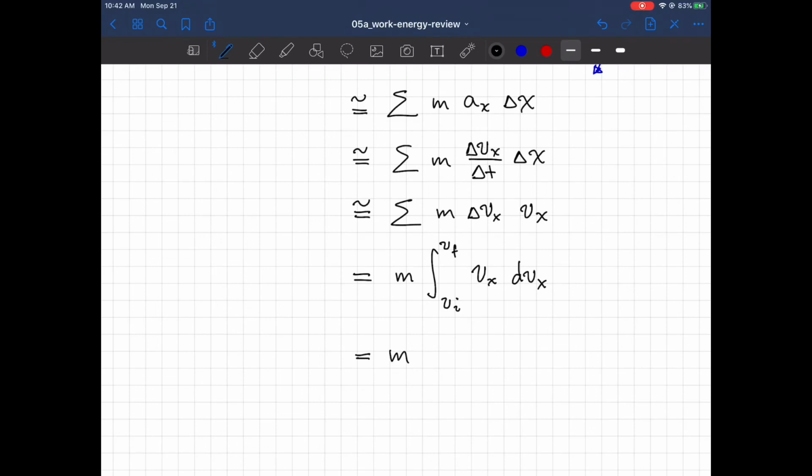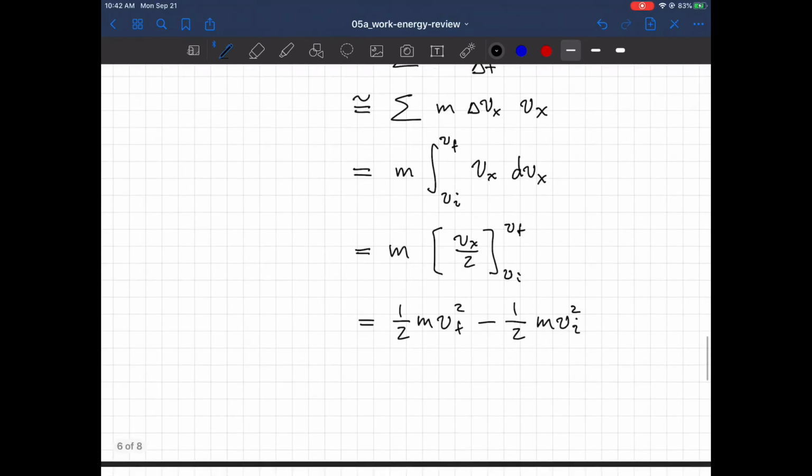And what is that? Well, it's going to be Vx over 2 from initial to final, and that thing is 1/2 m v final squared minus 1/2 m v initial squared.